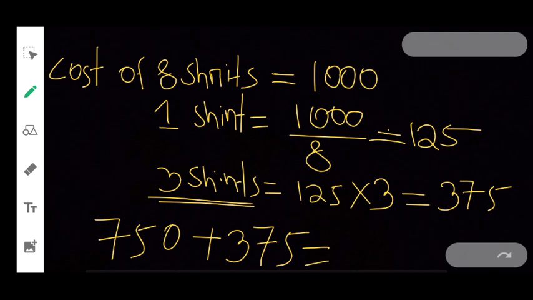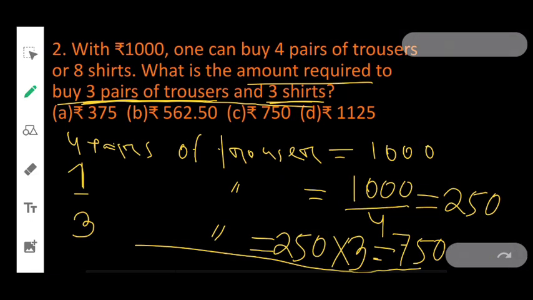So 750 plus 375 equals 1125 rupees. So the correct option is option D.